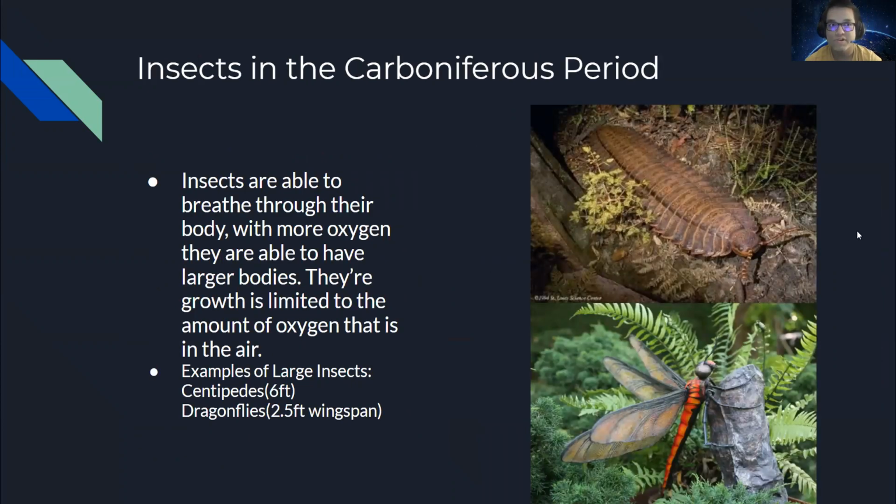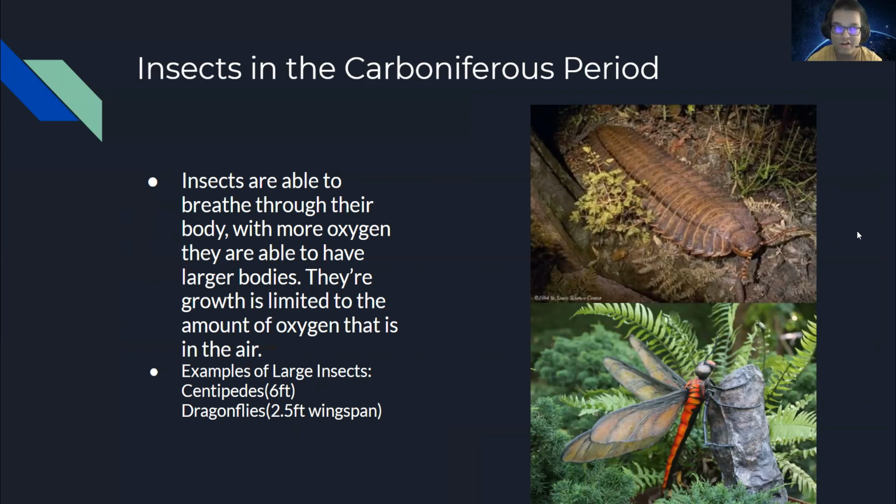Insects in the Carboniferous period. Insects are the main point to this subject because they were massive back then. Insects were able to breathe through their body through silica, I believe. With more oxygen, they were able to have larger bodies.